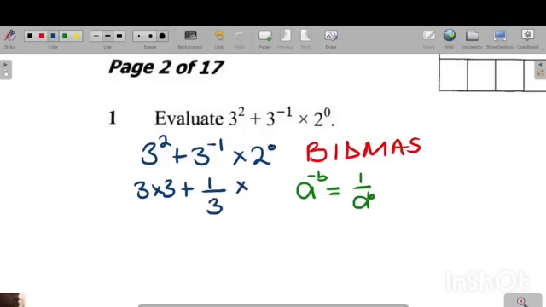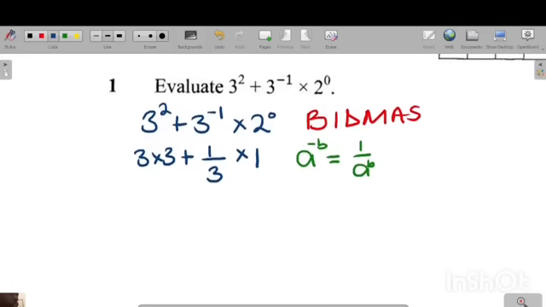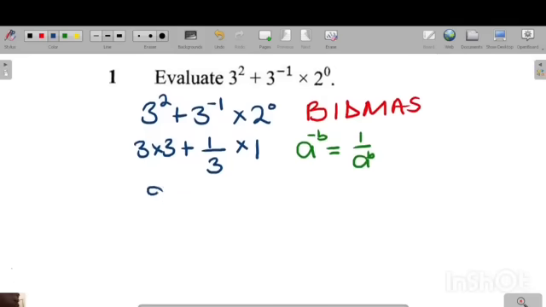Then times 2 to the power 0, which is just 1, because any number to the power 0 is 1. So 3 times 3 is 9, plus 1 over 3 times 1, which is just 1 over 3.